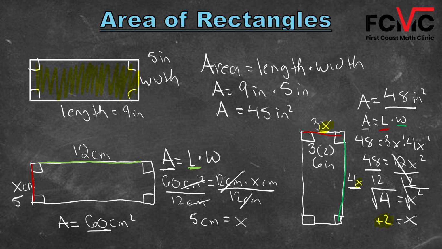Our units are inches. And if I want to find my width, I'm going to take the 2, put it in for x. I'm going to have 4 times 2. And my width is going to be 8 inches. And if we double check, well, 6 times 8 is going to give me back that area of 48 inches squared. So my area checks. Okay? All right, let's get into parallelograms.